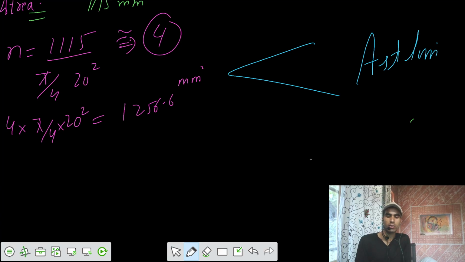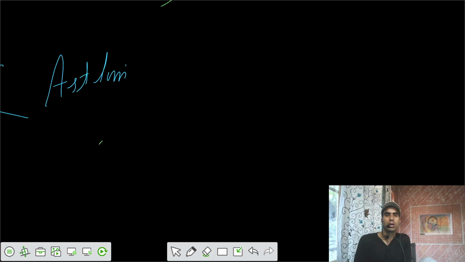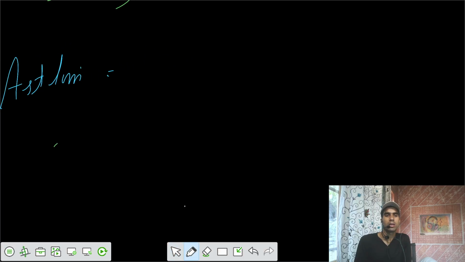So let's try to calculate AST limiting. What is the value of AST limiting? Corresponding to XU limiting, we have this equation: 0.36 FCK B, the value of B was 275, 0.36 FCK B into XU.